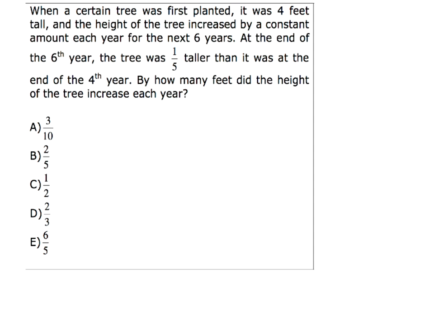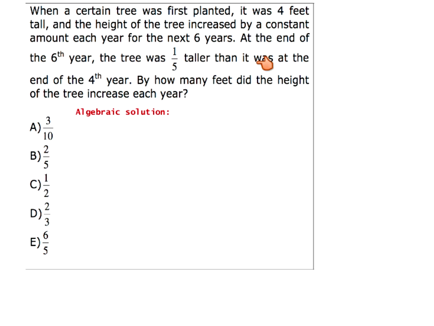So if you were going to do a more traditional algebraic solution here, there's a couple ways that you can do this. But you probably want to use the fact that it was 4 feet tall to start with.